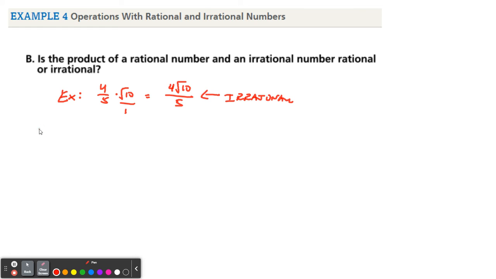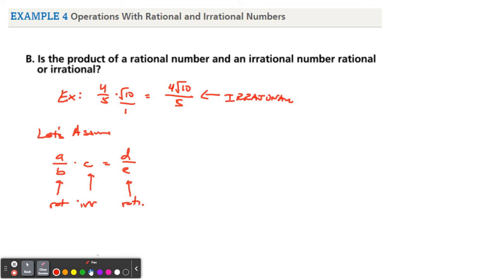Well, let's assume A over B, which is rational, times C, which is irrational, is going to equal D over E, a rational answer. Again, let's get the C by itself.